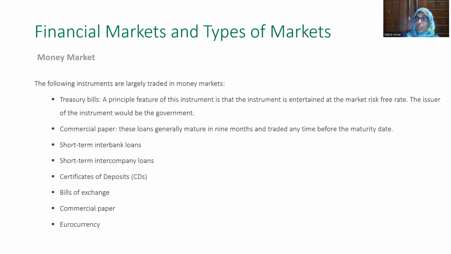So treasury bills are generally issued by a government and it is entertained at a market risk free rate. And obviously, when it comes to money market, the maturity will be less than 1 year.